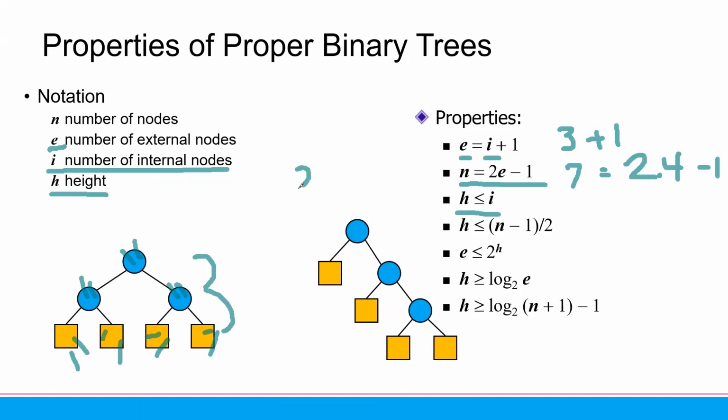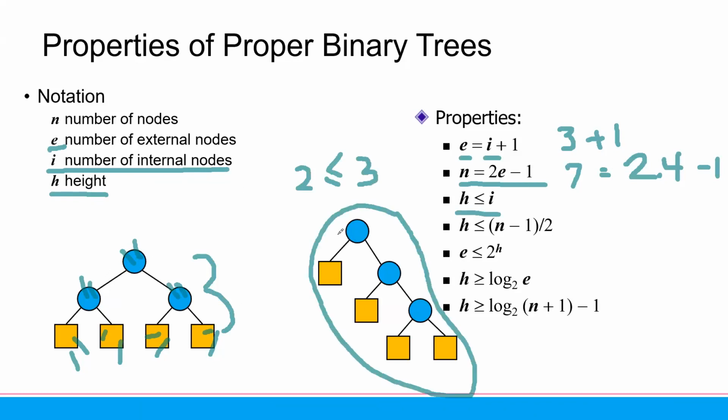So the height is 2, which is less than or equal to 3. What about this one? We have 1, 2, 3. So it means 3 is less than or equal to 3 because the number of internal nodes is 3.